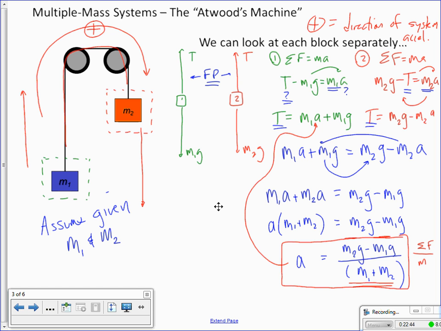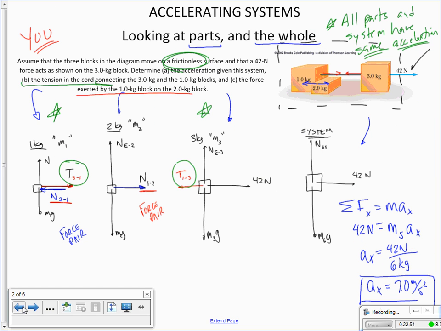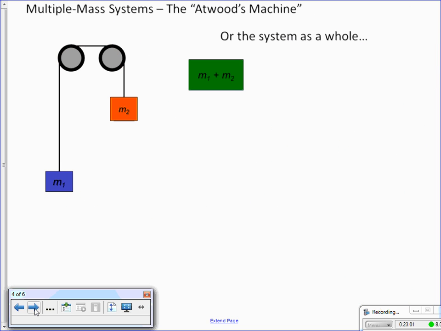There are times when you have to look at each part of the system individually. But there's also times, as we've seen here, where looking at the system as a whole can make your life easier. And it can be the same thing here.